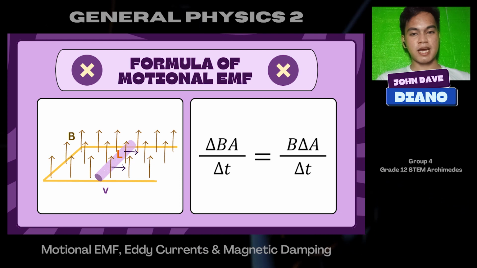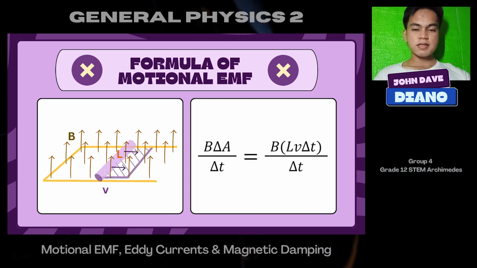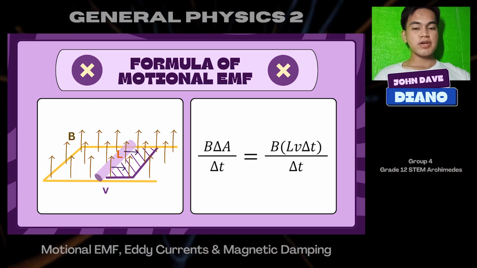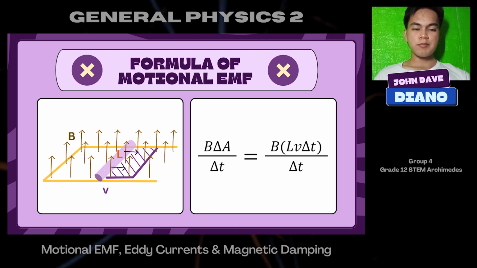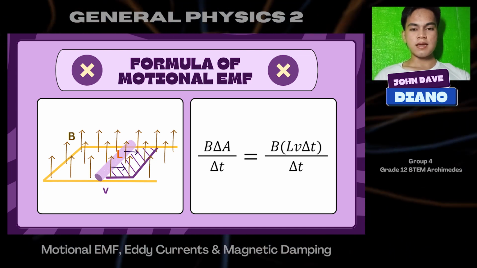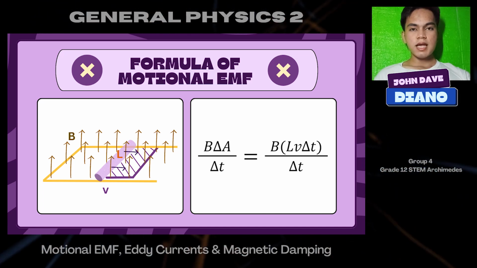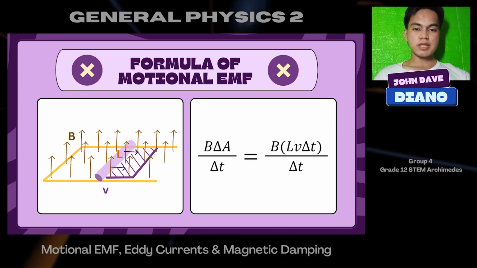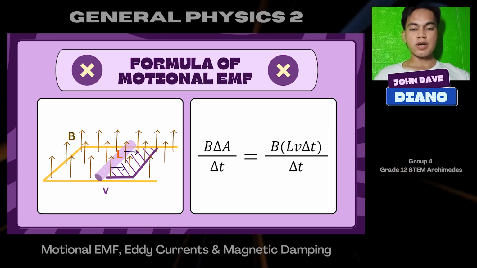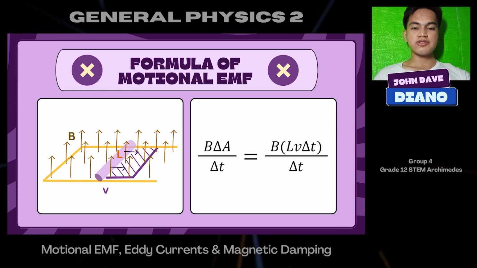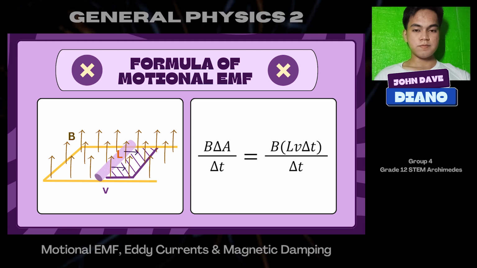over change in time. Let's let delta t go on and focus on delta A, or the change in area of the surface. And we have to remember that in order to attain the change in area of the surface, we have to multiply the distance taken, or how far the cylinder will go after delta t, multiplied by the length of the rod.